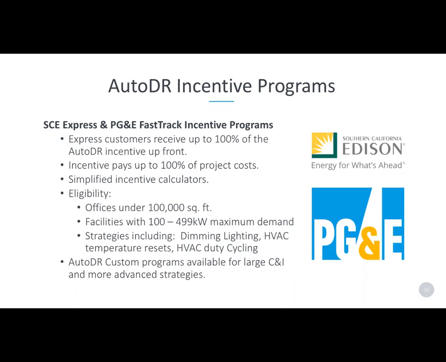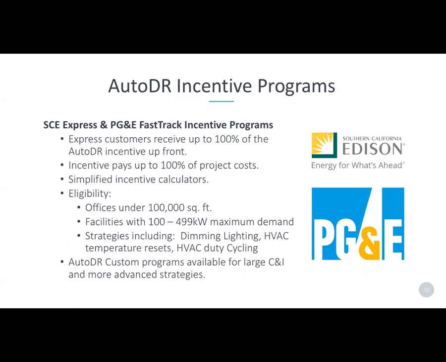The incentive programs are fairly broad in what they'll pay for. It is a separate application from an energy efficiency project. That is important to note, but the Fast Track and Express programs do streamline the application process. And we can get into that a little bit in the Q&A section.